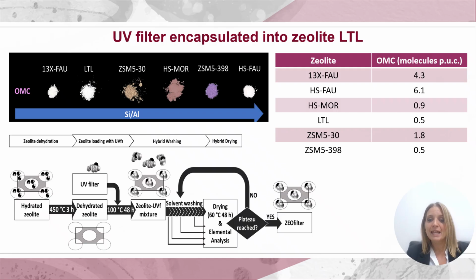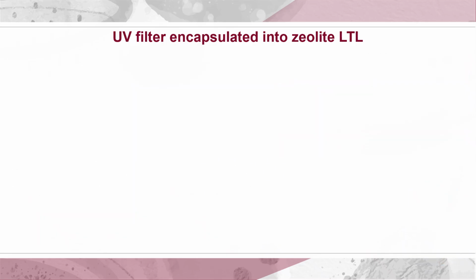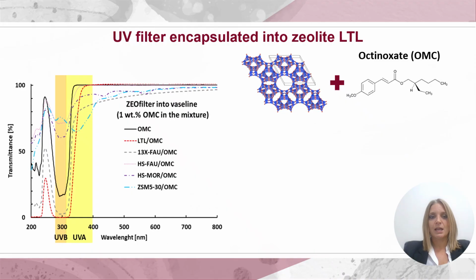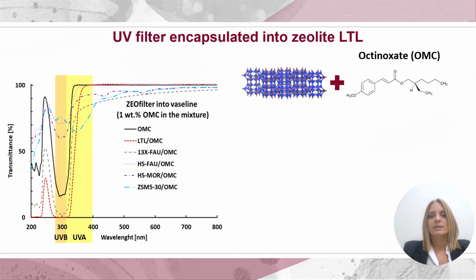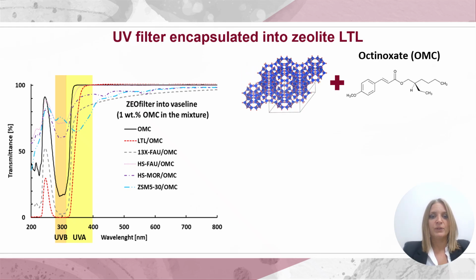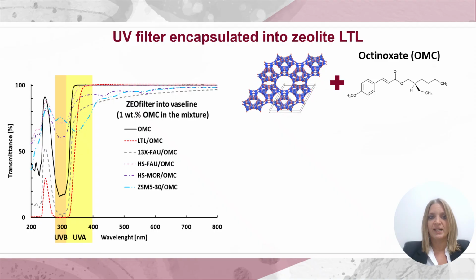Take a look at LTL. Despite having just 0.5 molecules per unit cell, we will see in the next slide that this is the right framework to encapsulate our octinoxate. Indeed, despite the modest elemental loadings, LTL was the most promising zeolite because UV-Vis showed superior filtering versus other frameworks.